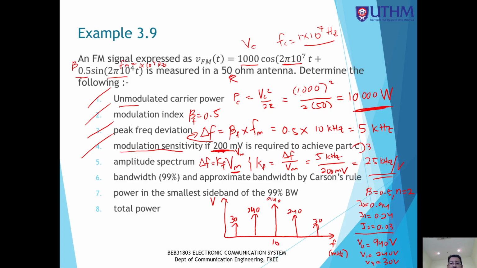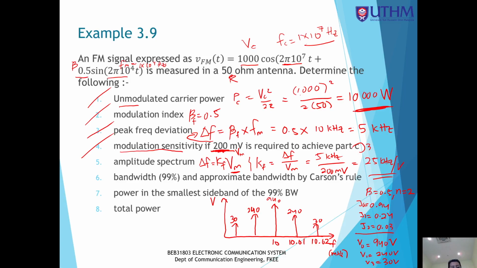The first sideband is 10 mega plus FM, 10 mega plus 10 kilohertz, so this is actually 10.01. And another one here is 10.02.